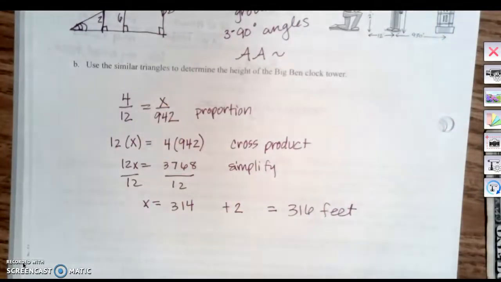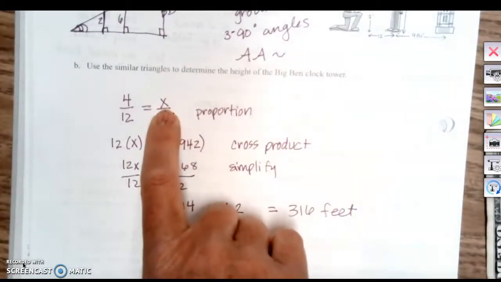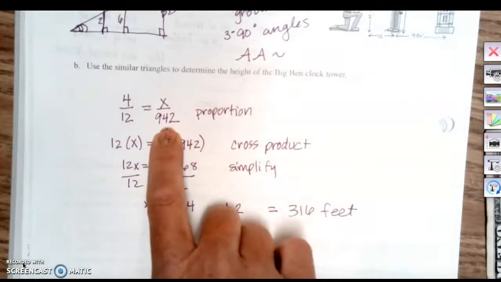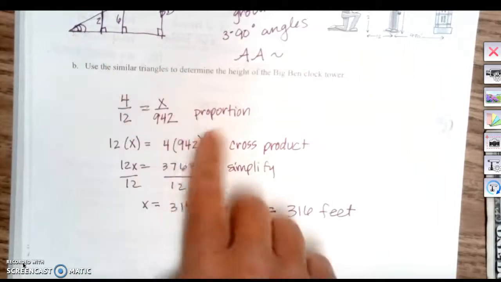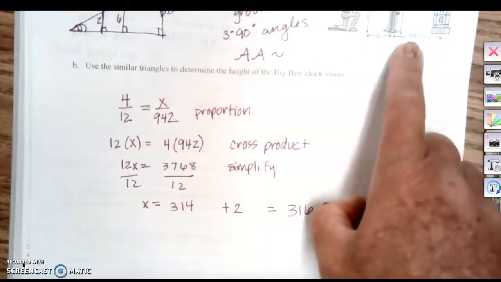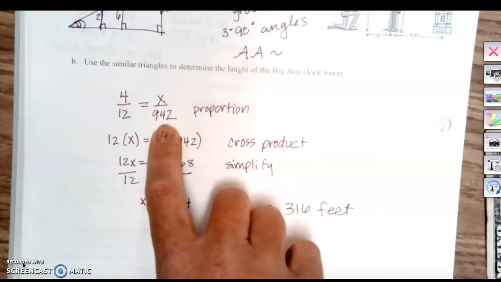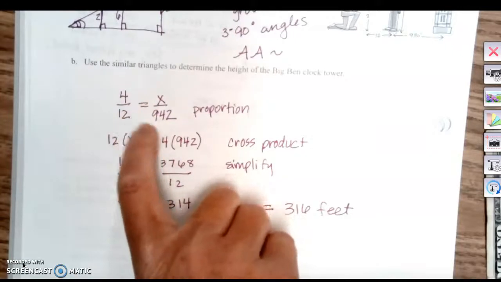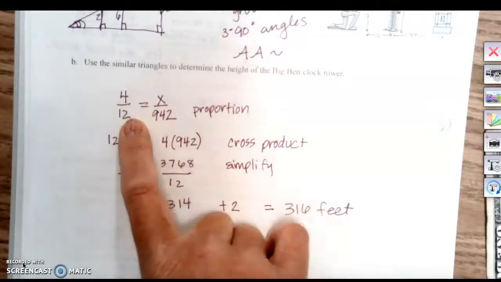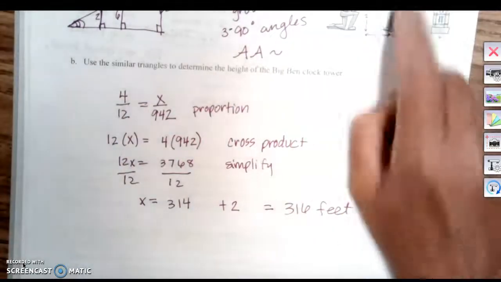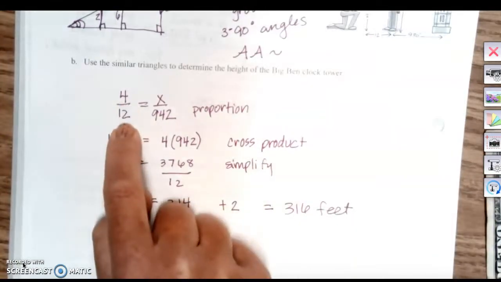So that's where we're going to put our X. That's Big Ben's height versus how far all the way to this angle over here, which is 942. You add the 930 plus the 12, you get 942. Okay. We also know that we've got 4 to 12. Okay, so the difference between the 6-foot dad and the 2-foot camera is 4 foot, and they're 12 feet away from each other.